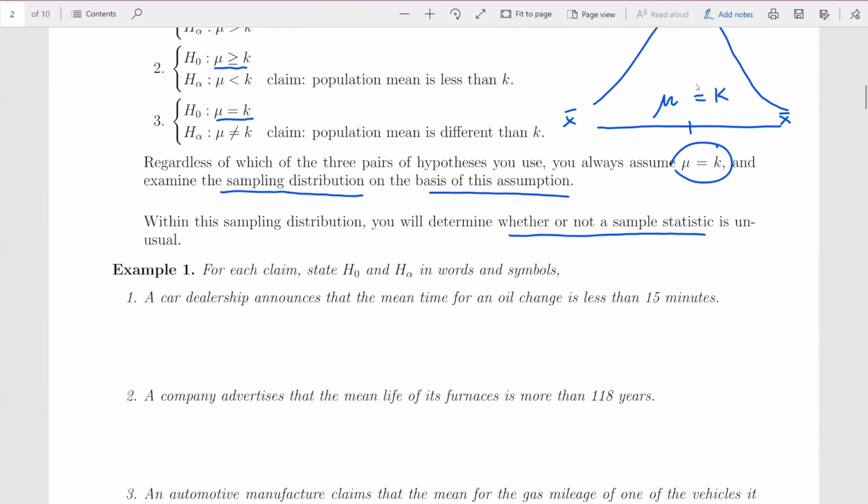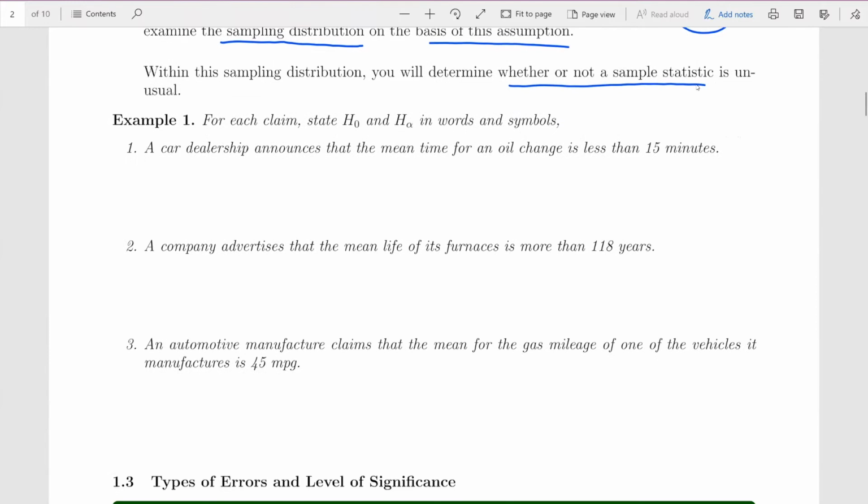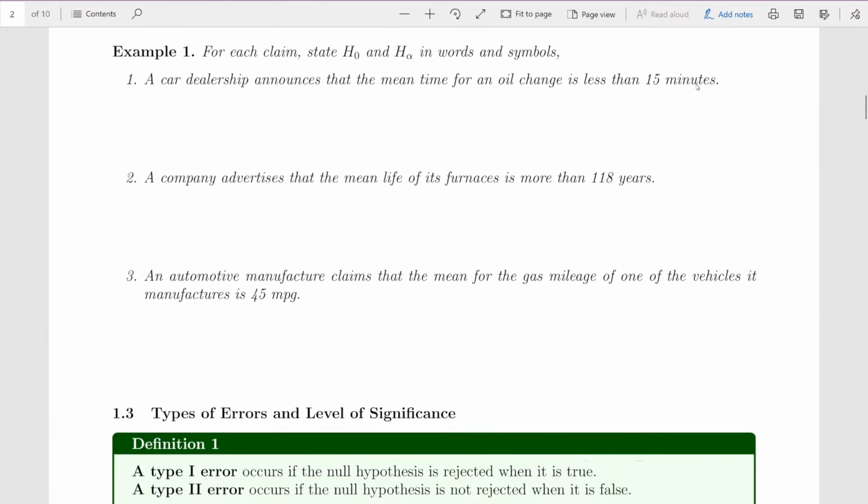How about we do some practice coming up with the hypothesis statements? Example number 1. For each of the claims, state the null hypothesis and the alternative hypothesis in words and symbols. First one, a car dealership announces that the mean time for an oil change is less than 15 minutes. So I need to write out the null hypothesis and the alternative hypothesis.